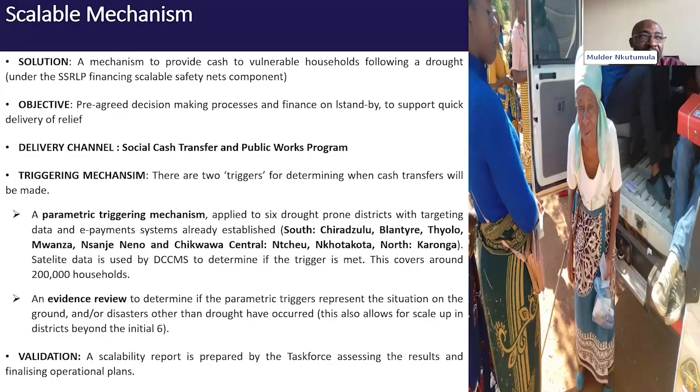So what was the objective? The main objective was for our pre-agreed decision-making processes and finance on standby to support quick delivery of relief. You agree with me that if the government takes about 72 hours to respond, the people now try negative coping mechanisms.